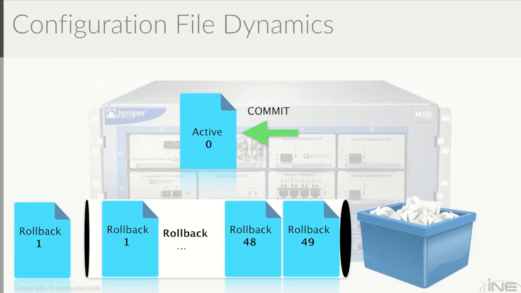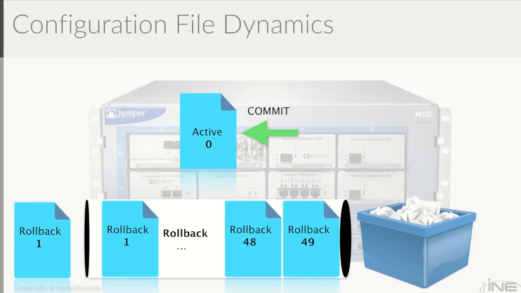By default, a Junos device will store 50 configuration files, or 49, because rollback 0 is the active one. As you can see there, active 0 means it's rollback 0. So whenever you're editing, if you need to just remove your changes, you just do a rollback 0, and then it becomes the active configuration you're currently running.